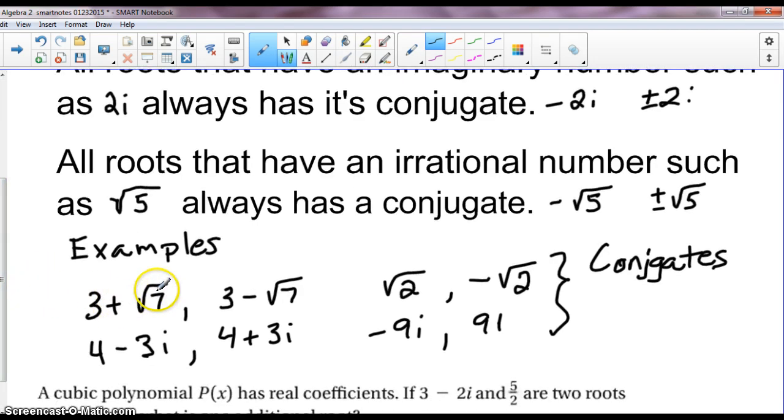3 plus radical 7 would have the conjugate 3 minus radical 7. 4 minus 3i, its conjugate would be 4 plus 3i. And negative 9i would be 9i right here. Same thing with the radical 2 and the negative radical 2. Remember, with conjugates, you only change the operation, not the sign.